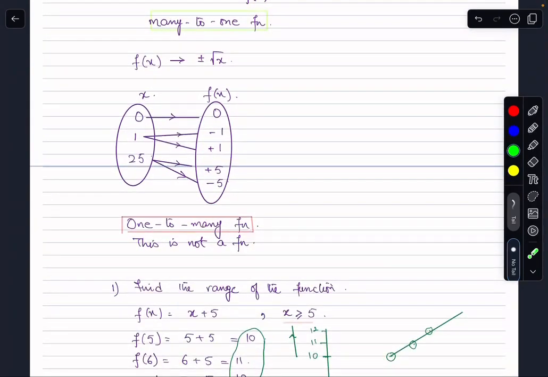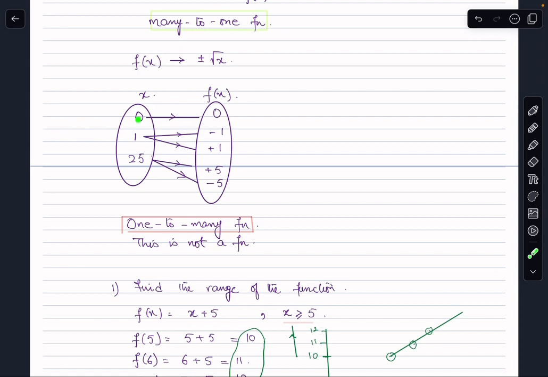So moving on to the third case, we have the one-to-many function. Now, what is a one-to-many function? If you are given an equation f(x) equals under root x, then under root x will give me the answer plus or minus the x value.